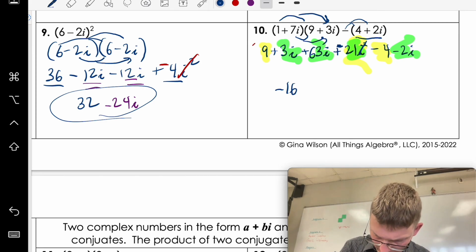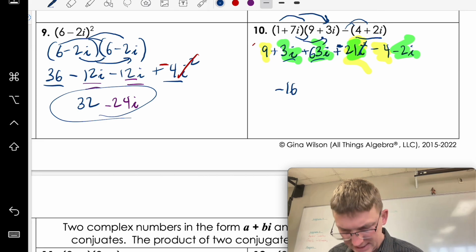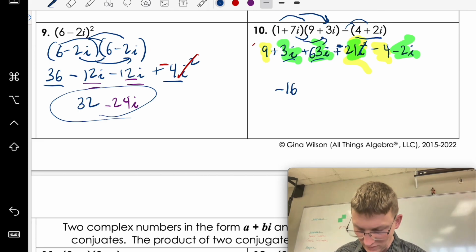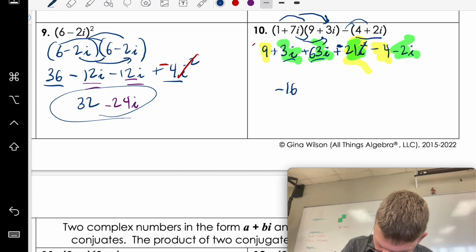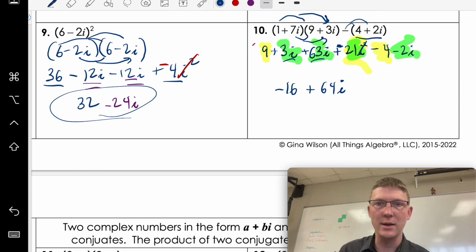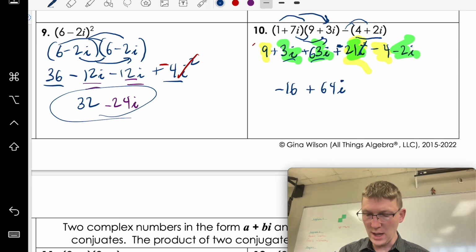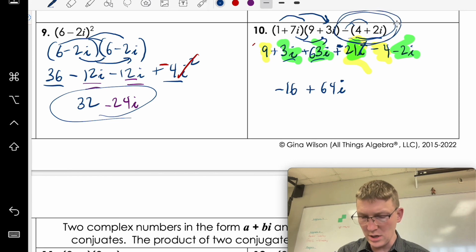We've got this one and this one, 66i, right? Minus 2, 7, 6, 5, 4. So we've got plus 64i. And there we go. Don't forget this stuff, it's just good note keeping. Just don't lose this part right there.